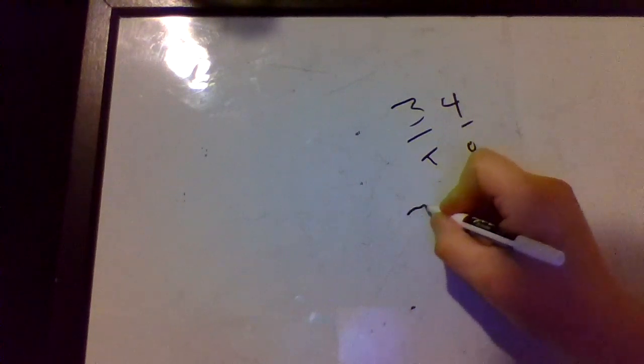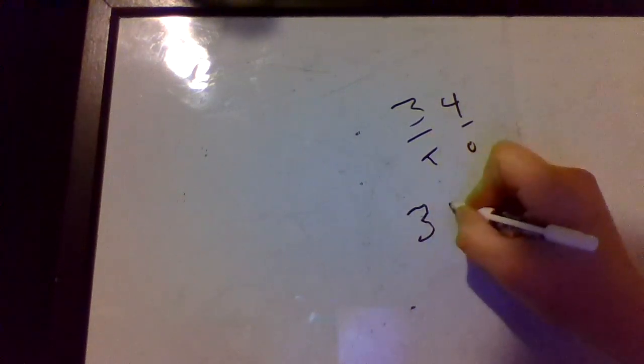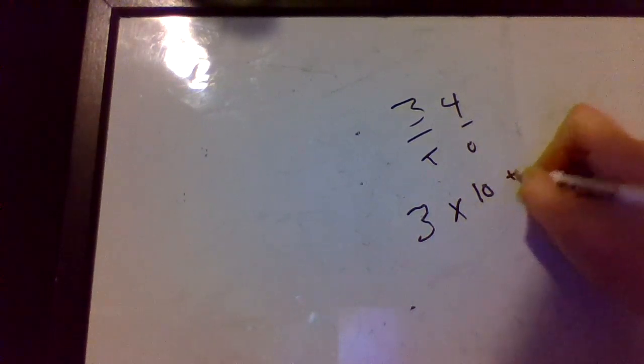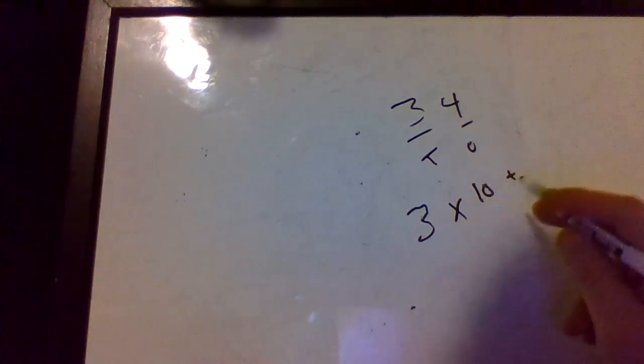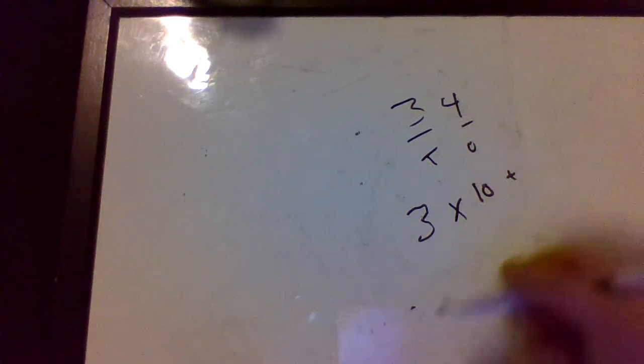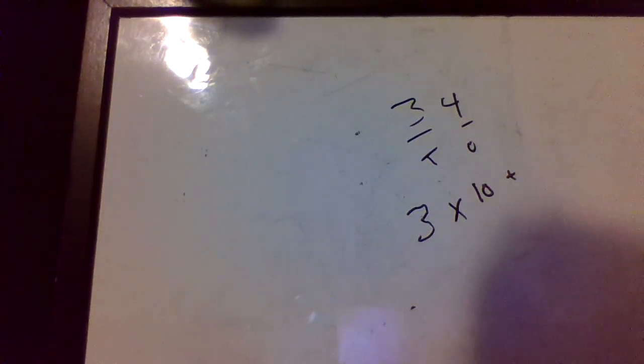So if 3 is in the tens place, how many groups of 10 do you think we have? Right. 3. 3 groups of 10. And we're gonna do a plus because we add them together to get the number 34. So how many groups of 1 do we have?